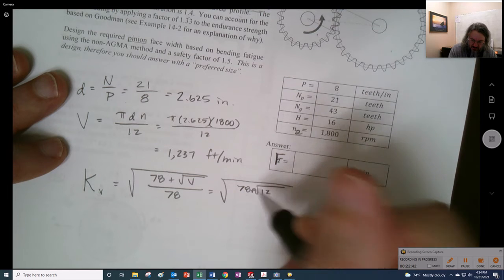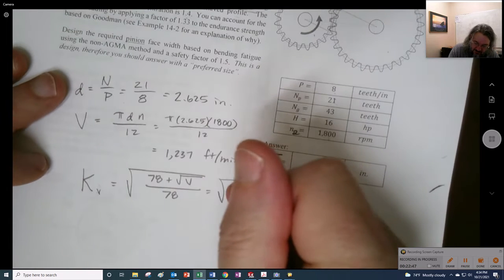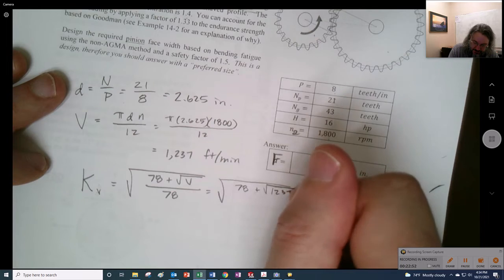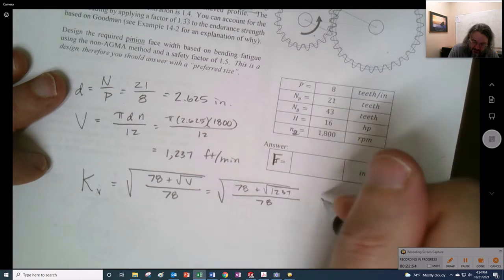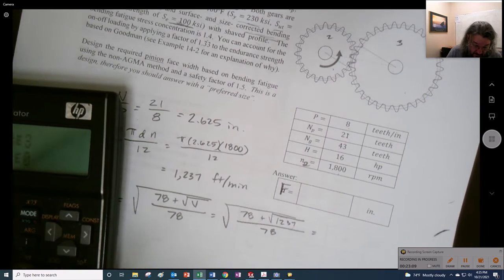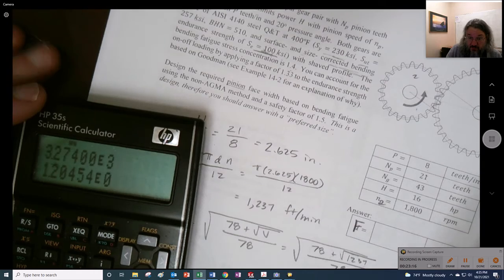Oh, that's a plus right there. So 78 plus the square root of 1237, divided by 78. Take the square root of that, and I get 1.205.